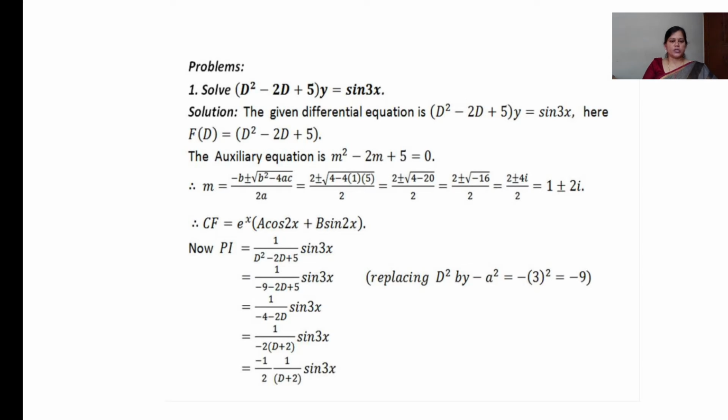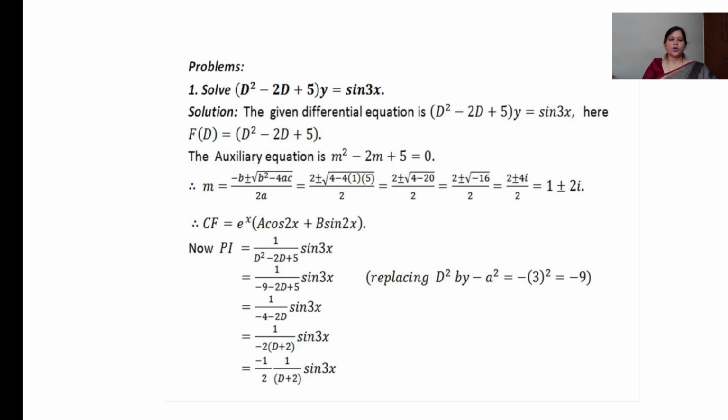So here a value is 1, b value is minus 2, c value is 5. Substitute all these values in the formula. We will get m is equal to 1 plus or minus 2i. So here alpha value is 1, beta value is 2. So we are getting the complex root with alpha plus or minus i beta form, with alpha is equal to 1, beta is equal to 2.